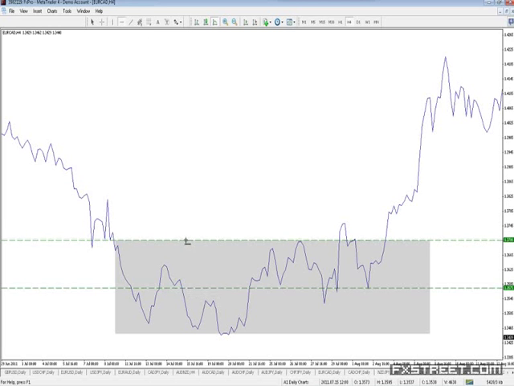The highs are contained here. What's nice about this box is that the local area of support lines up with the top of the box, which is great. See, I've got 3 bounces here: 1, 2, 3. Then the bottom area of the box lines up with all of these touches here. There's one there, and then 2 or 3, actually, maybe even 4 right there.